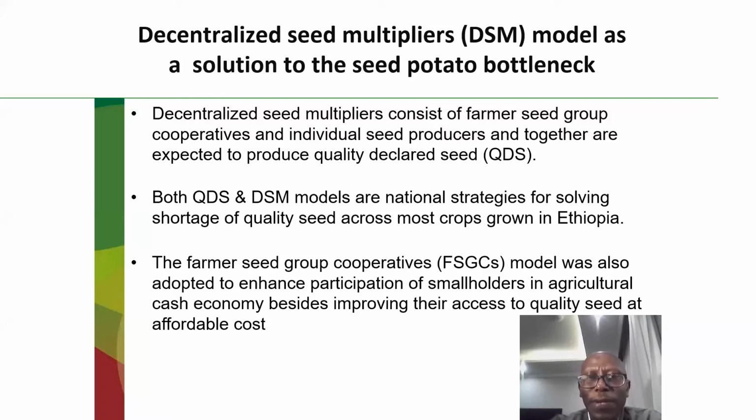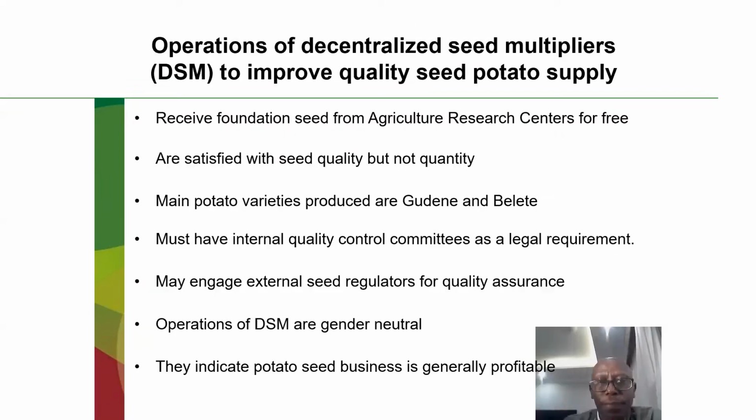The decentralized seed multipliers consist either of individual farm operators producing as independent seed growers, or as seed grower cooperatives who operate as a group. The purpose of using farmer seed group cooperatives as a model to deliver seed was to enhance smallholder participation in the agricultural cash economy, besides improving their access to quality seed at affordable cost.